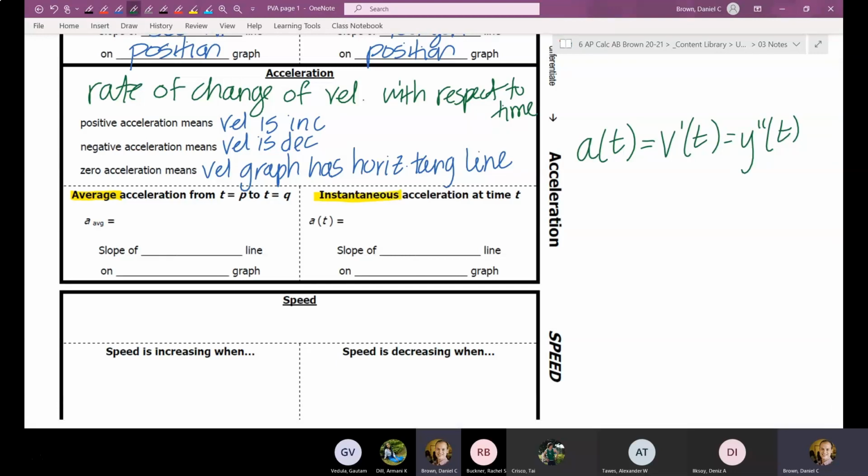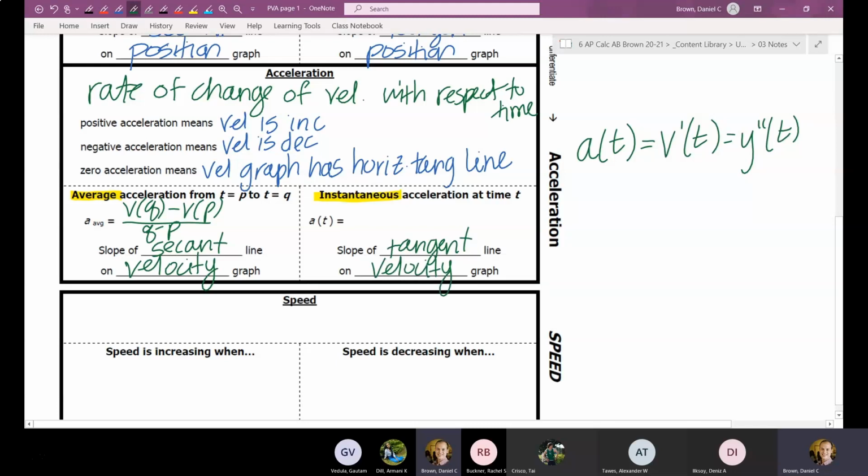If we're doing the average acceleration, we know acceleration is the change in velocity over time. So we can think of the average acceleration as the velocity at q minus the velocity at p over q minus p. Average acceleration is going to be the slope of a secant line on the velocity graph. Comparing that to the instantaneous acceleration, the instantaneous acceleration is the slope of a tangent line on the velocity graph.